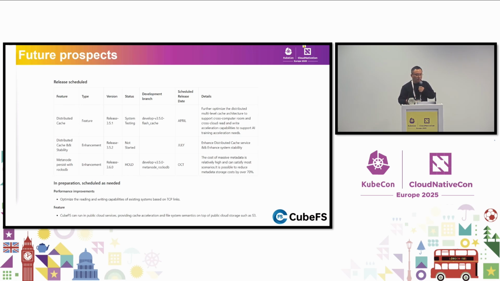The first aspect is performance improvement. And the second aspect is hybrid cloud, where we want to build a complete hybrid cloud system, support S3 object storage, and make the data flow freely.